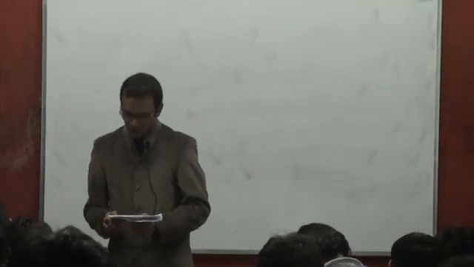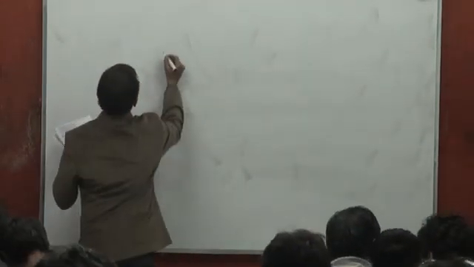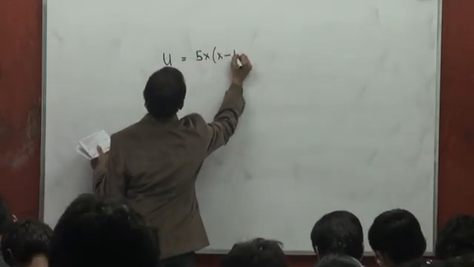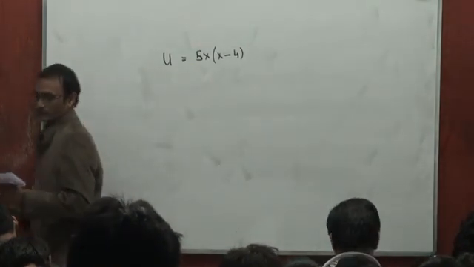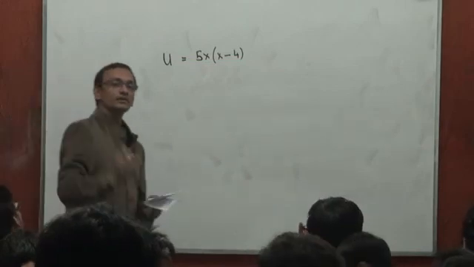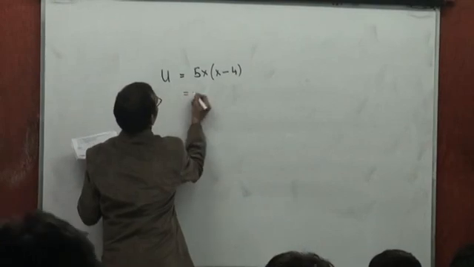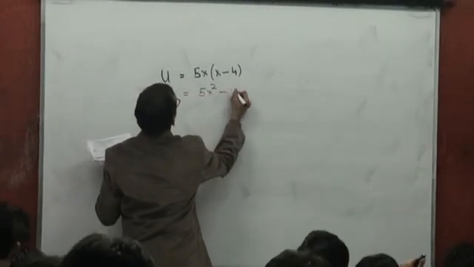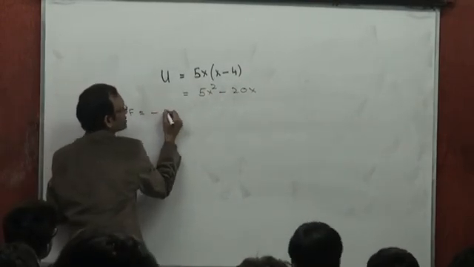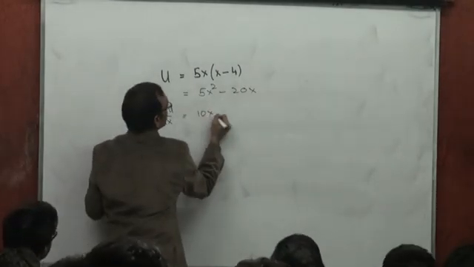The potential energy of a particle of mass 0.1 kg moving along the x-axis is given by U = 5x squared minus 20x. Now this is a very simple little situation. The conservative force, given the potential field, is minus dU/dx, which is 10x minus 20.